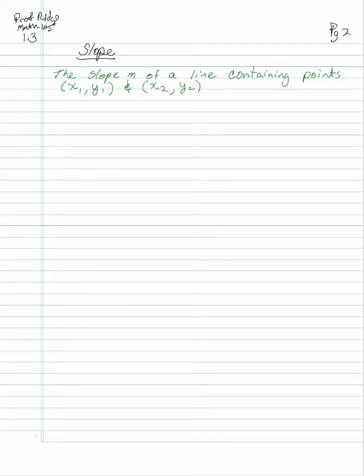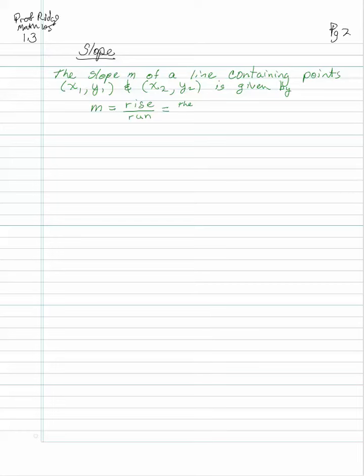So the slope m of a line containing points, those are the 2 points, is given by the formula. Well, the words that we associated, remember, is rise over run. So slope kind of describes the steepness of a line, and we write it as a ratio of the vertical change compared to the horizontal change.